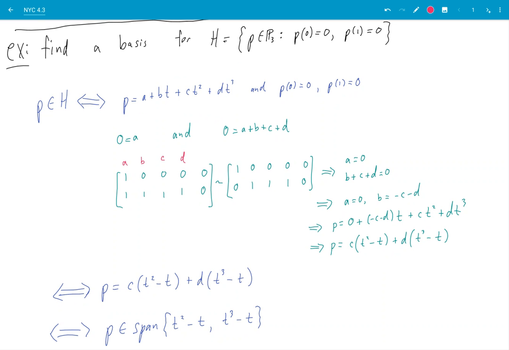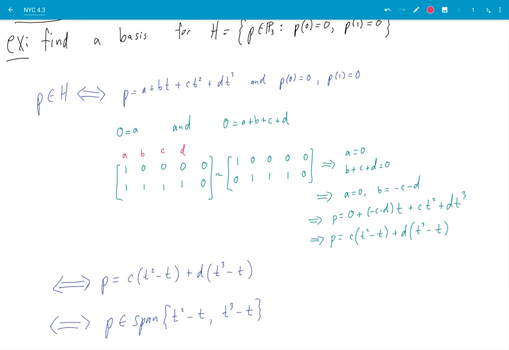Okay, so what have I found? I found that if you have a P in H, then necessarily it has to have this form. And what does that mean? Well, it means it's in the span of these two elements here. So if I take this whole argument all together, what does it tell me?